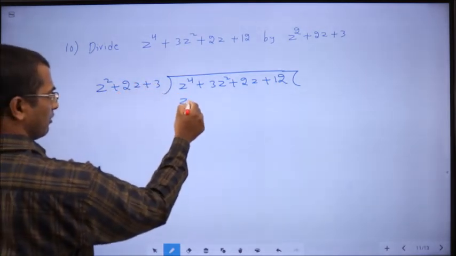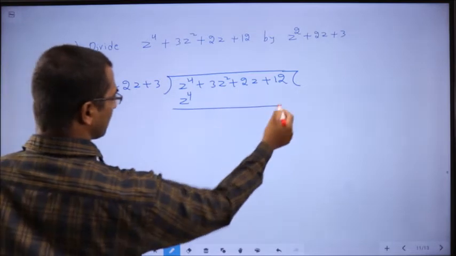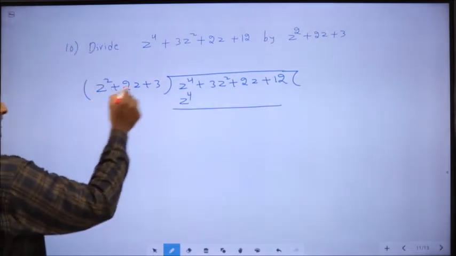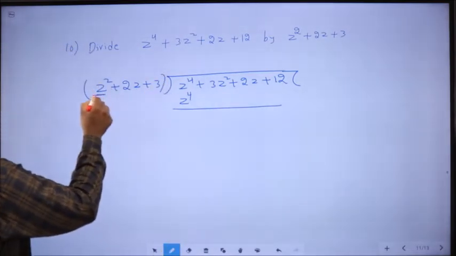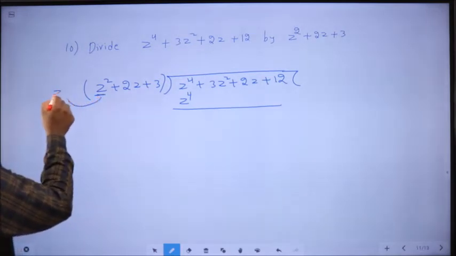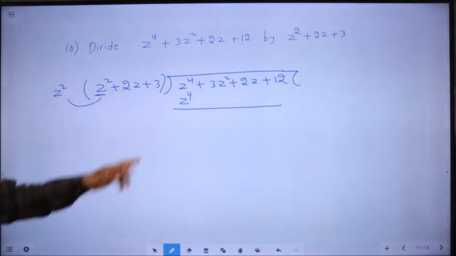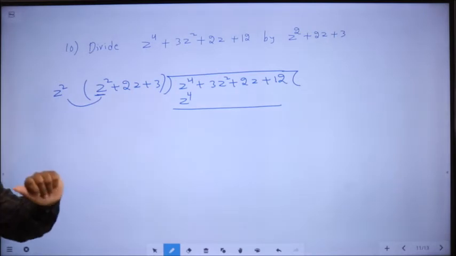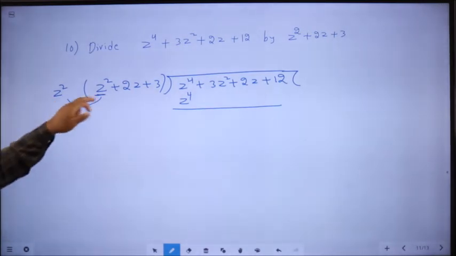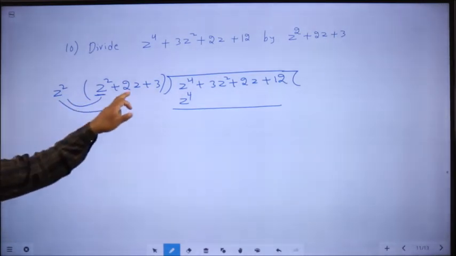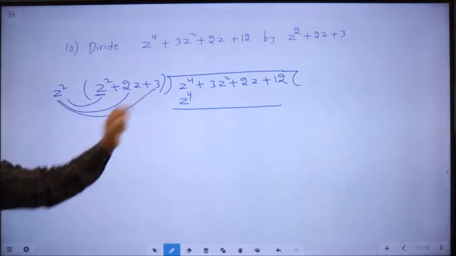Here z power 4, below also I should get z power 4. So this should be multiplied with what? Here it is z square, I should multiply with z square in order to get z power 4. When I am multiplying to this, I should also multiply to the second term and also to the third term.